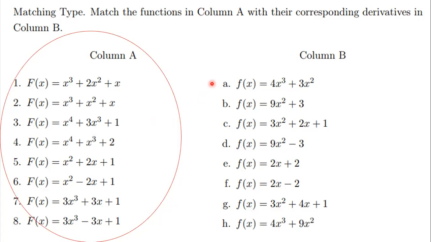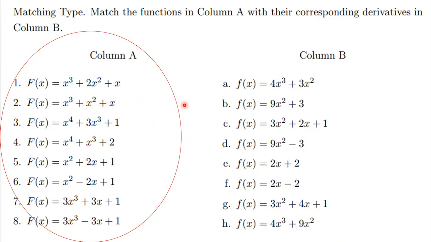When we say that the functions in column B are derivatives of column A, therefore the functions in column A are called the antiderivatives of the derivatives in column B. And that's how we answer this matching type from the previous activity.